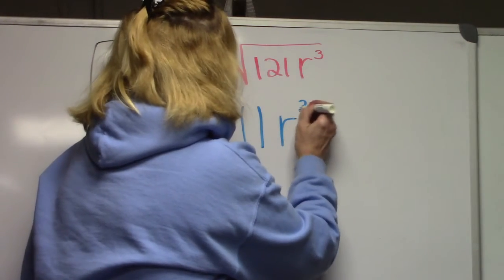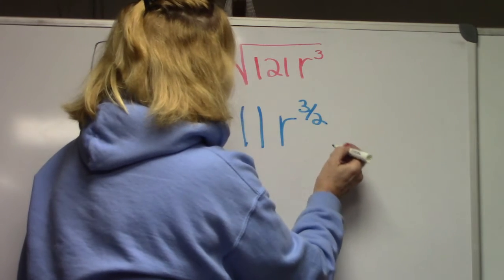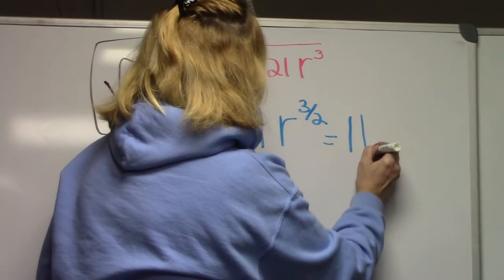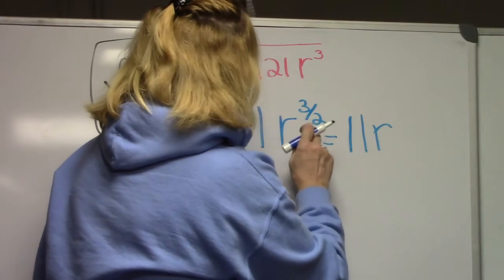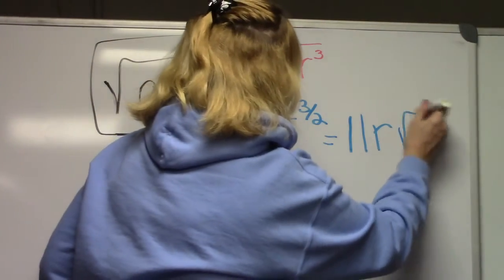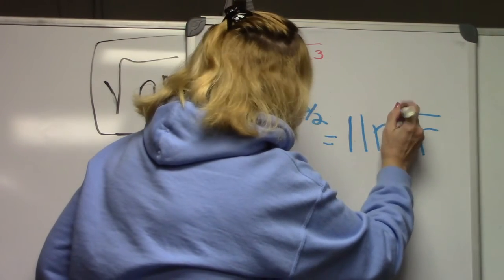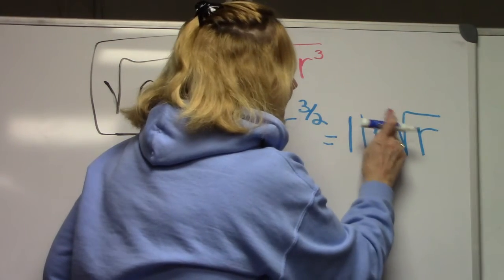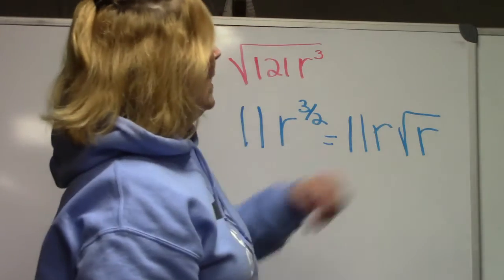R to the 3 divided by 2. That would give me 11r, 2 goes into 3 one time. 1, but I don't have to write that, I can just assume. And there's 1 left over.